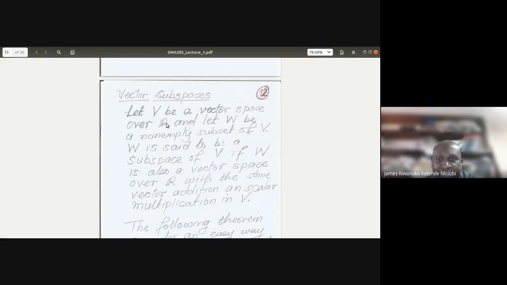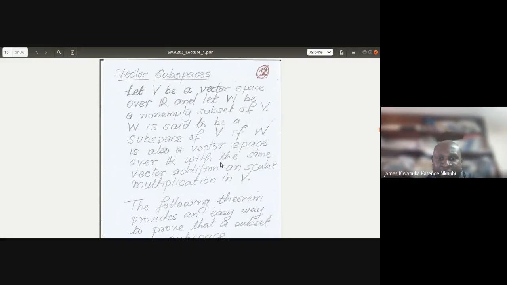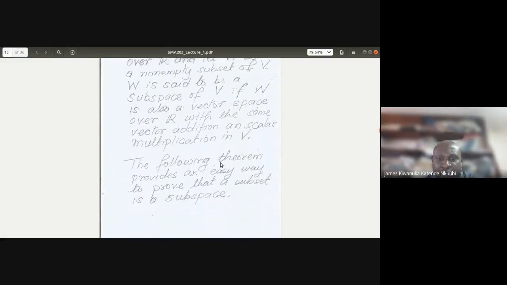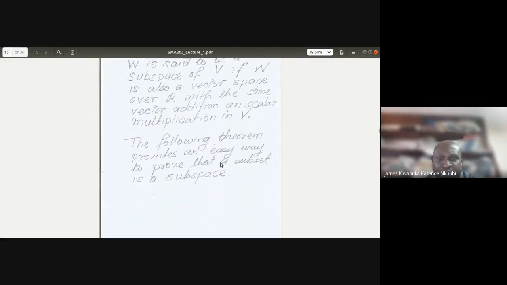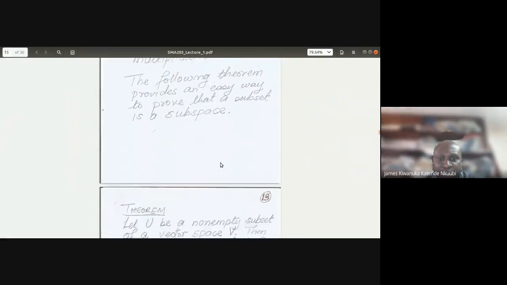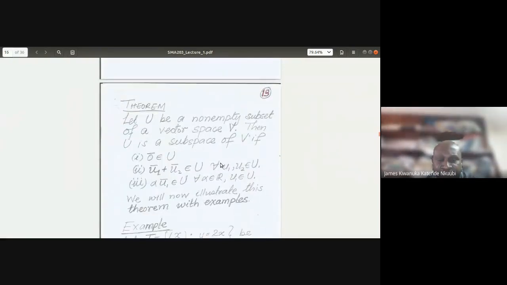And if they are, we can conclude that the subset is a subspace of V. But that would be a tedious process. So we are going to use the following theorem, which provides us with a shortcut. We shall not prove the theorem, but we shall use it.